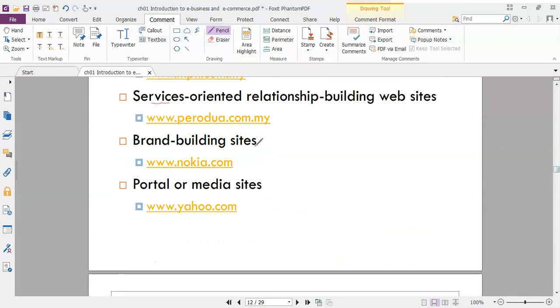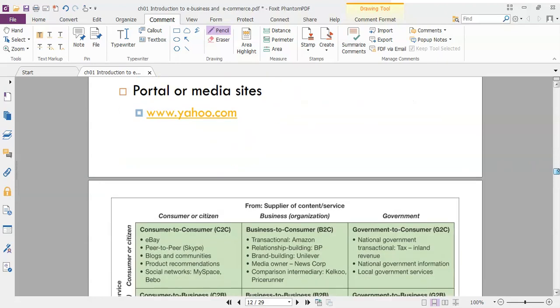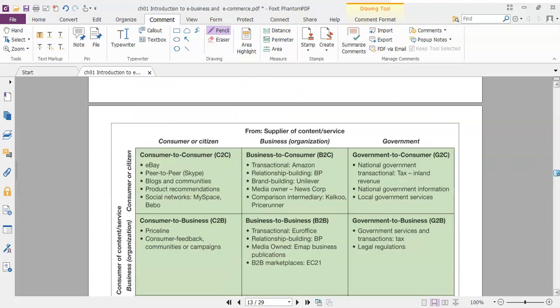And then brand building sites, for example Nokia, iPhone, or portal or media sites, for example Yahoo, Facebook. That is a portal or media site. What else? Email, Gmail is one of the portal or media sites.